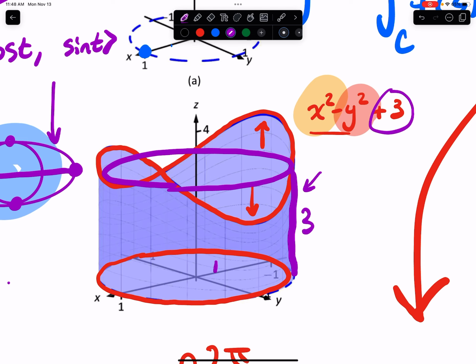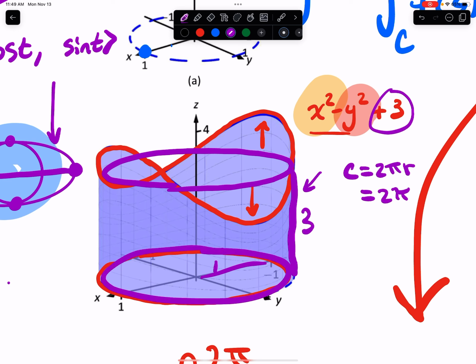So that would just be, circumference is 2 pi r, right? Well, the radius is 1, so the circumference is 2 pi. So if that whole circumference is 2 pi and the height is 3, 3 times 2 pi gets you the 6 pi. So does that make sense? It's averaging out. That's where that 6 pi is coming from. So kind of an interesting problem.